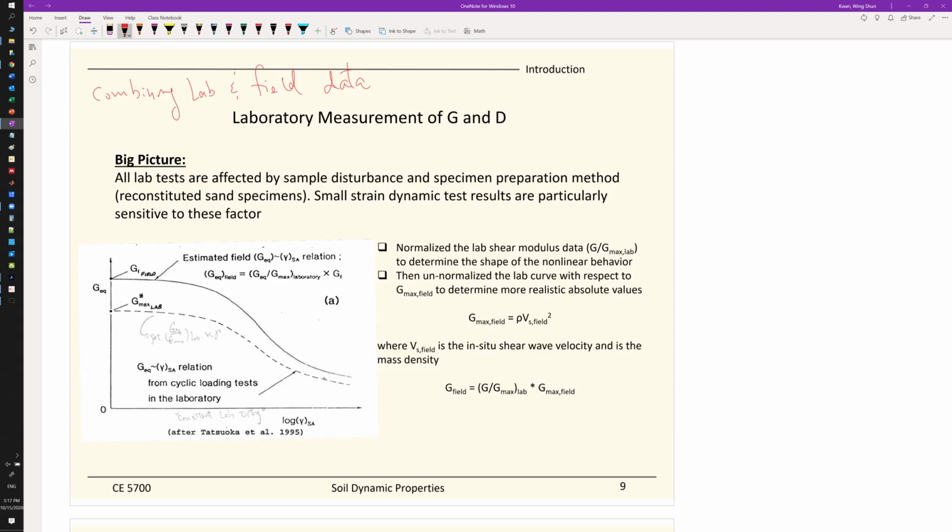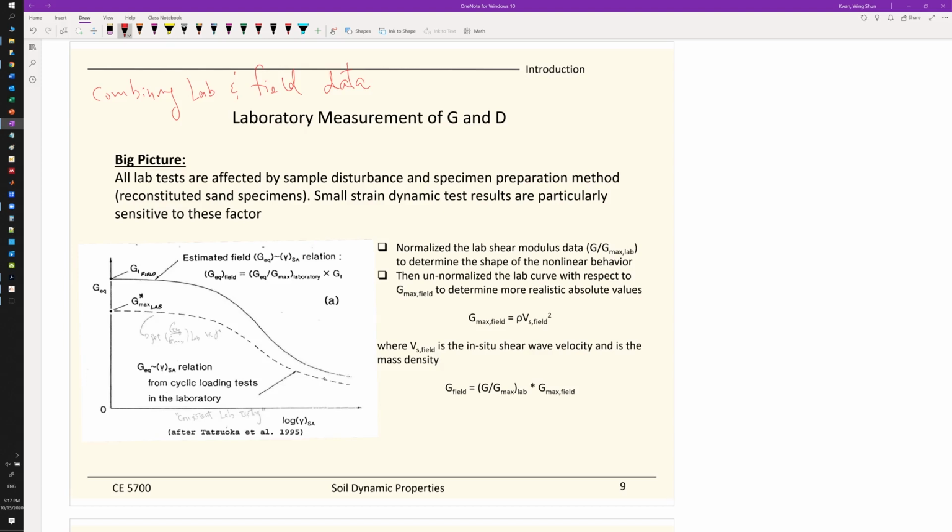But the field data is only limited to one measurement. It can only give you the Gmax and the D min, which means you cannot have very good control or precise measurements on how much deformation you apply, but you can do that in the lab.